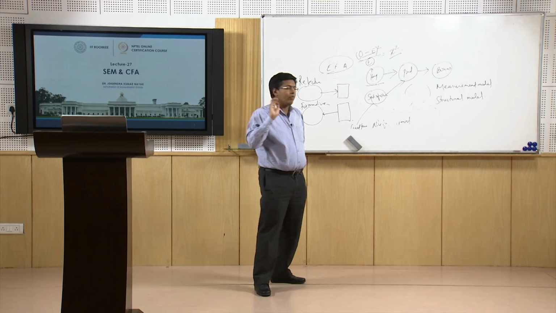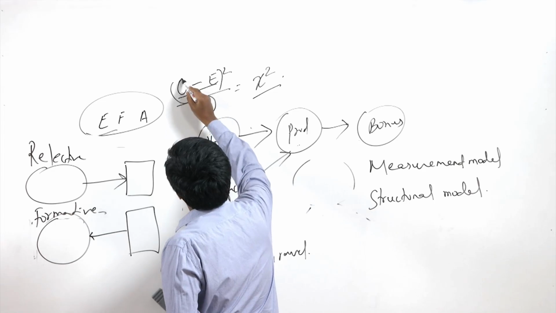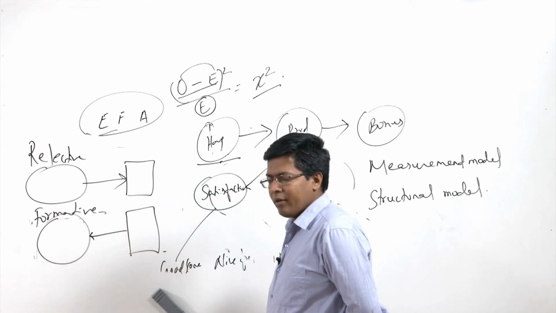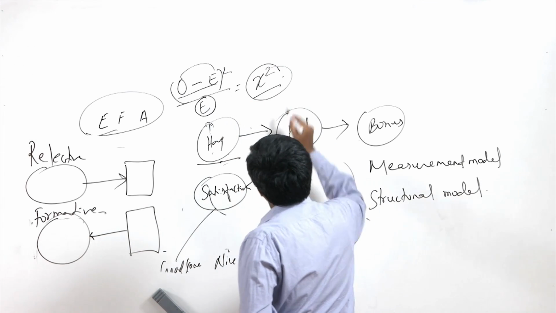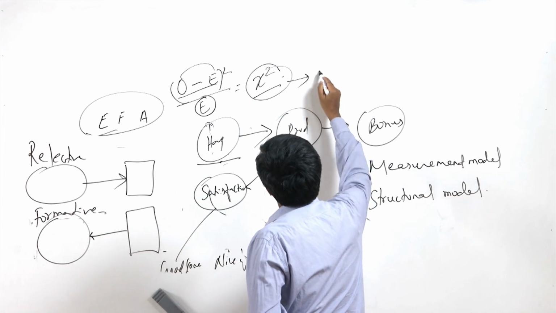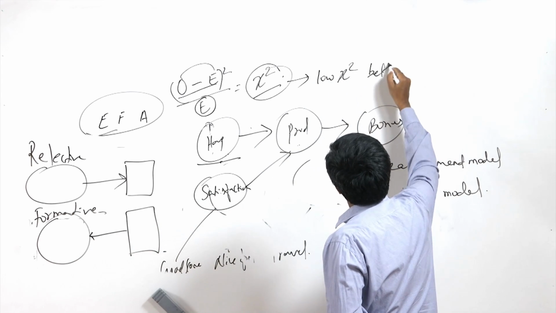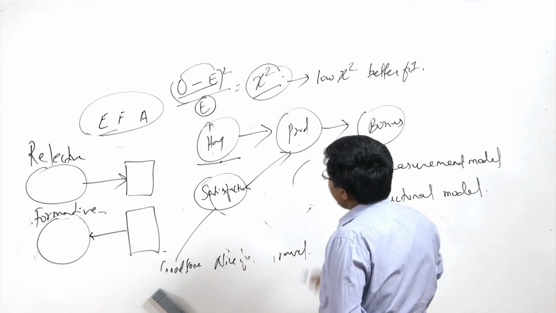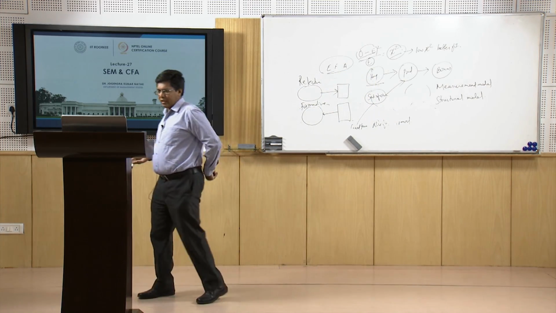We do not want too high a difference between the observed and the expected. Rather, in the case of SEM, we would like a low chi-square value. A low chi-square value is a better fit, and a high chi-square value is a poor fit.